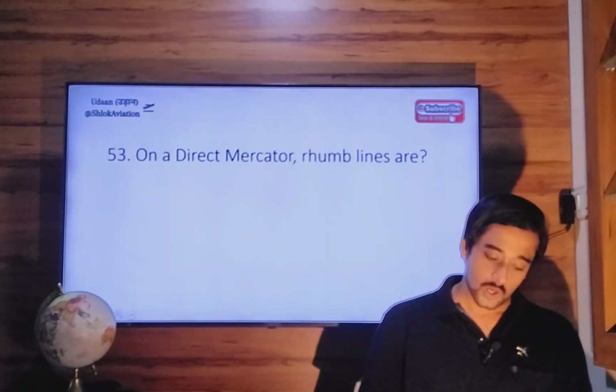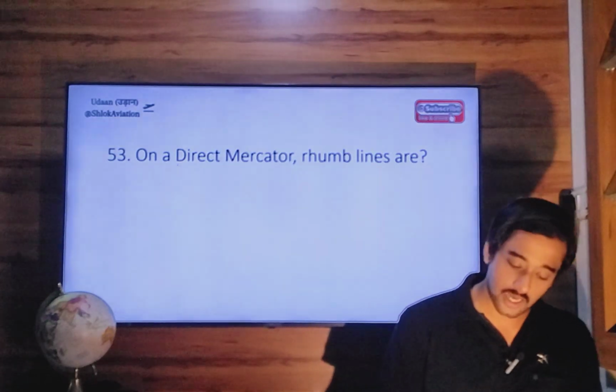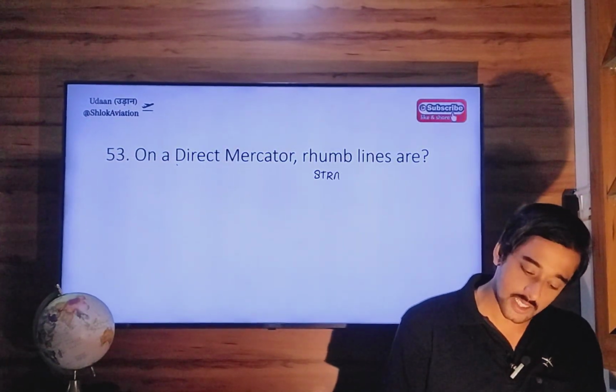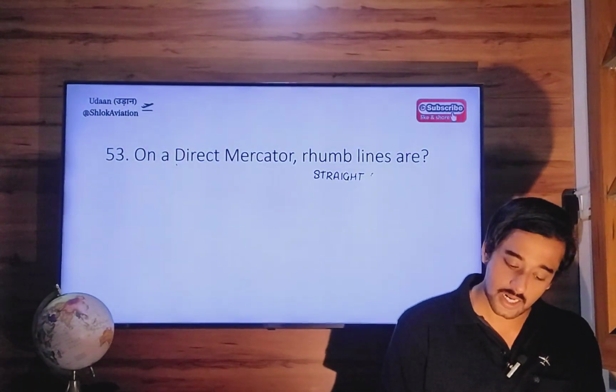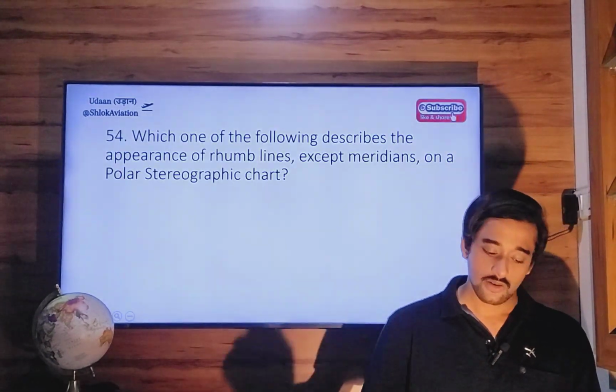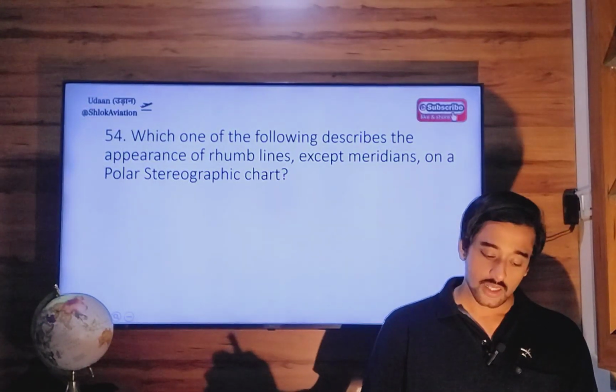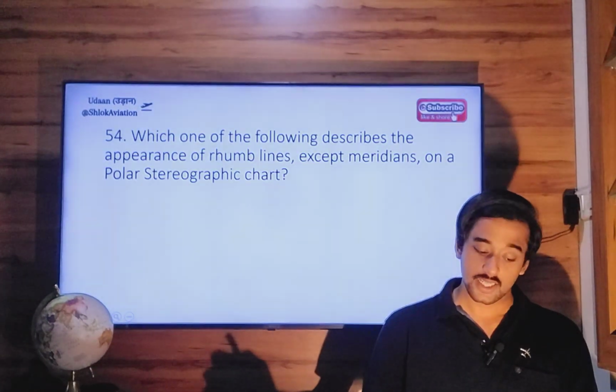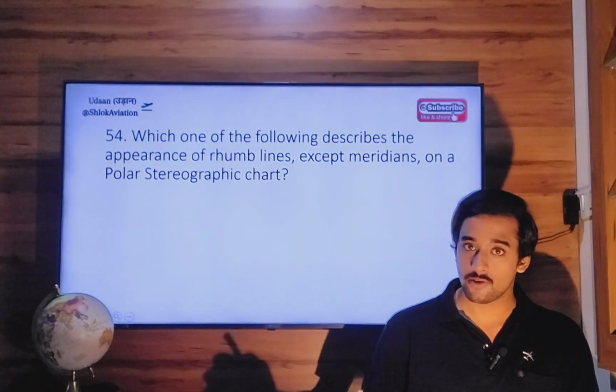53. On a direct Mercator chart, rhumb lines are, remember, straight lines. Which one of the following describes the appearance of rhumb lines except meridians on a polar stereographic chart?